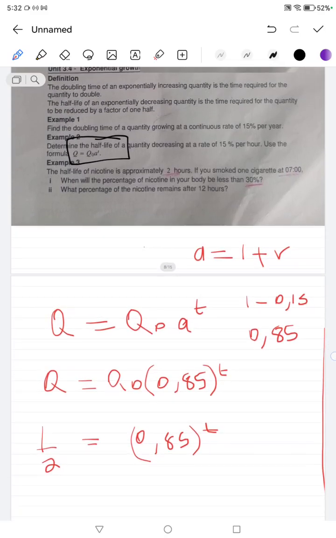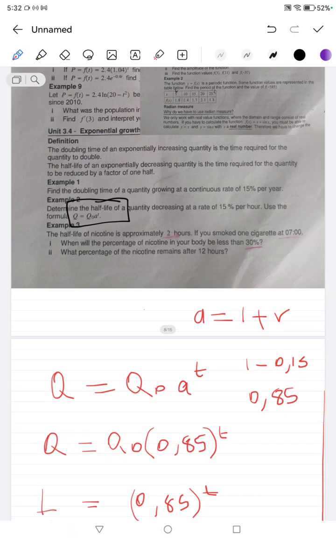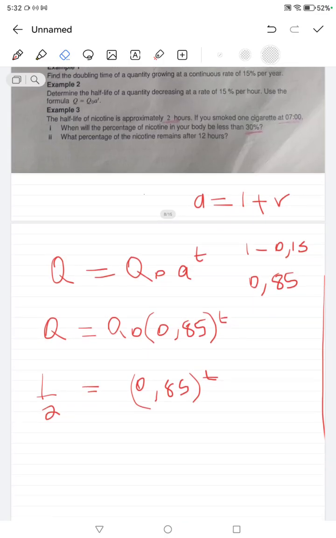Because now, even if we introduce ln, you did everything correct, but there's no way you can find t in this one. So with this one, this is as far as you can go. You can't go any further.